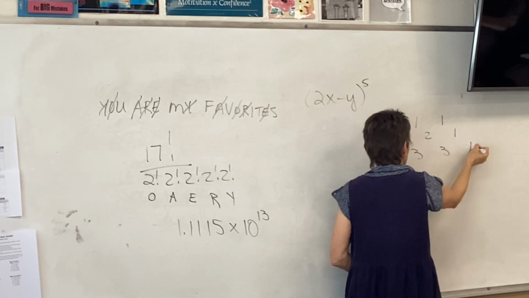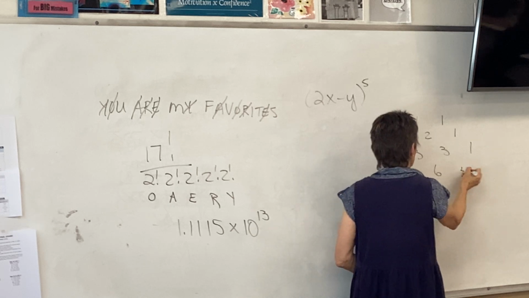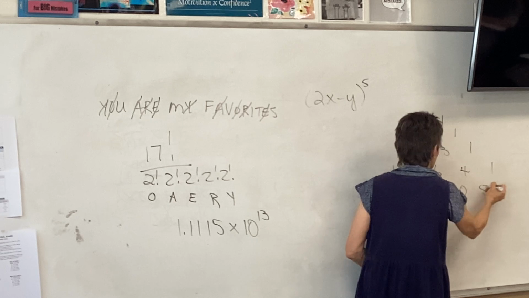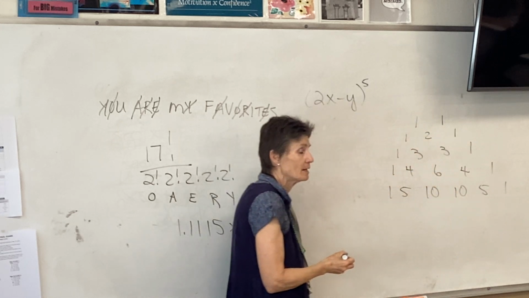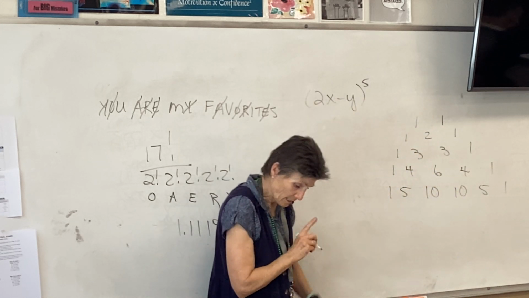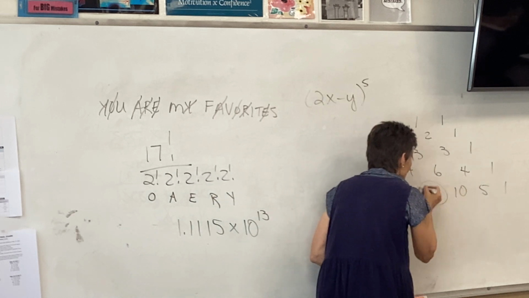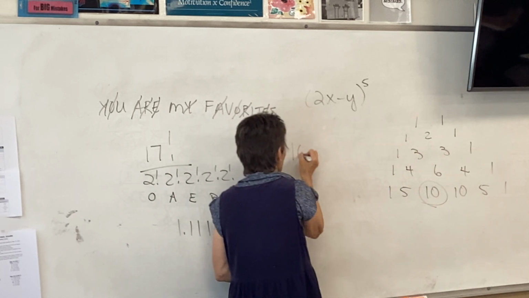It's pretty easy to go to the 5th row. We talked about this yesterday, make sure you can build it if you're gonna use it. We don't want the whole row, we only want the 3rd term. So we want 10.